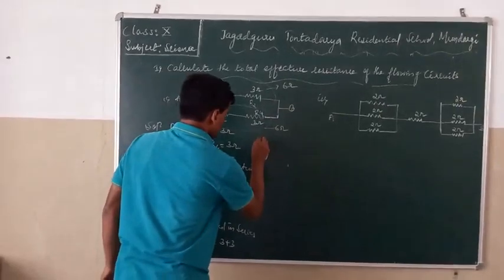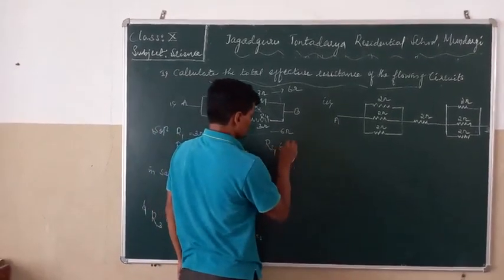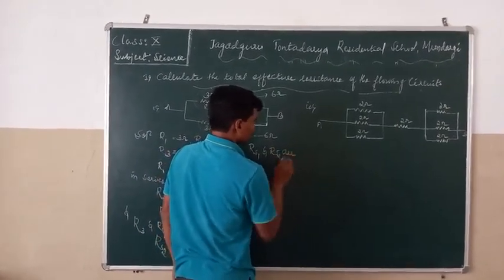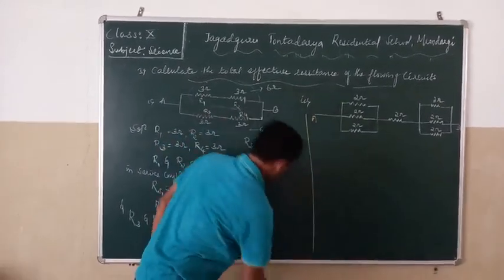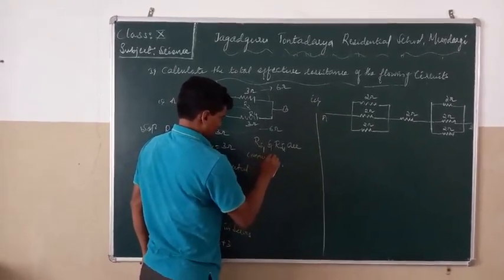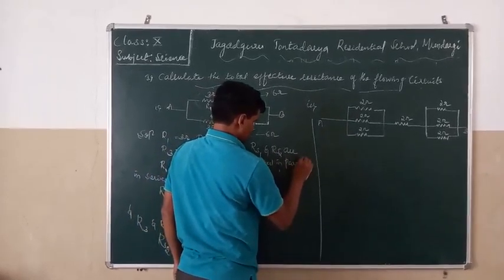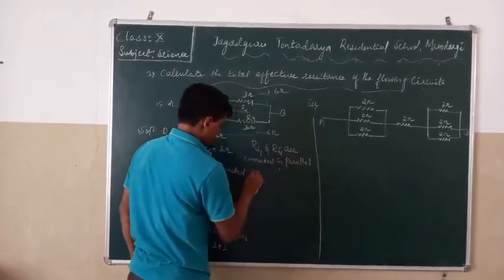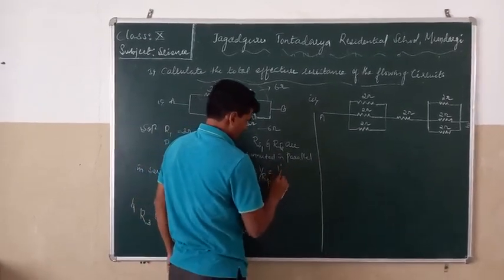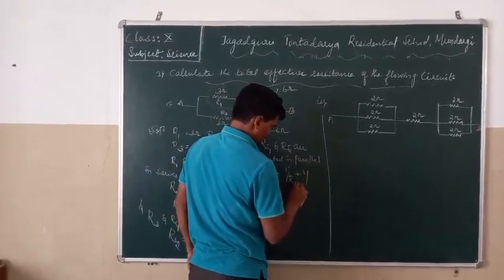So automatically I can say that Rs1 and Rs2 are connected in parallel. Therefore, 1 by Rp is equal to 1 by Rs1 plus 1 by Rs2.